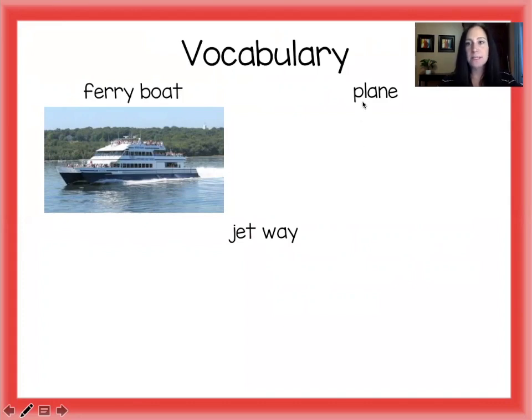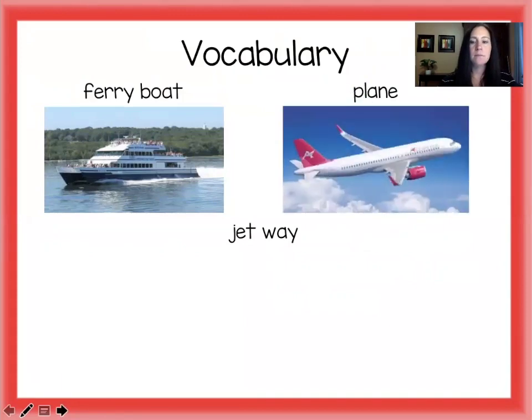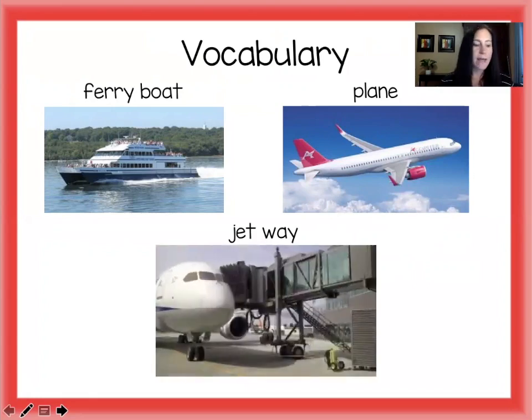Our next word is plane. A plane carries people high in the sky. Our last word is jetway, and it is a walk-through where people walk that connects the airport to the airplane.